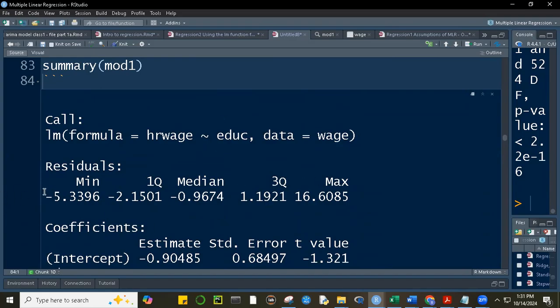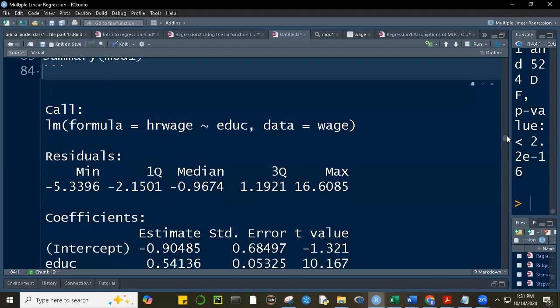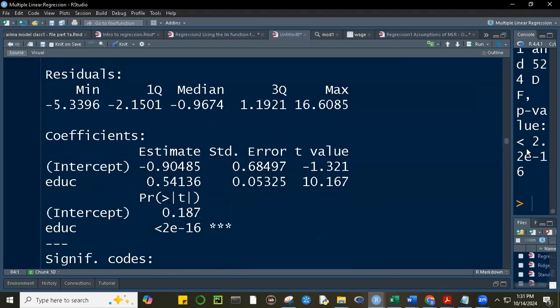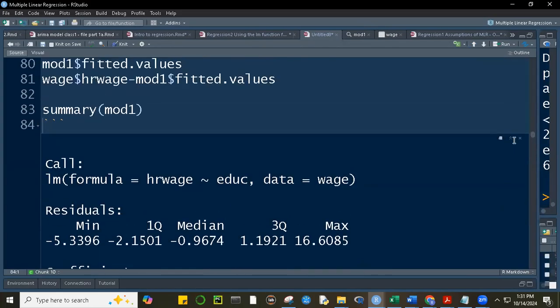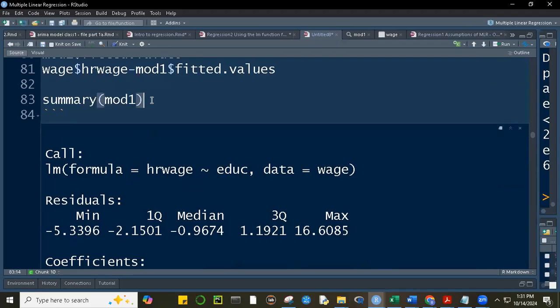Residuals, class, this is the descriptive statistics for your residual. Minimum residual, first quartile, second quartile, third quartile, and maximum. May malaking residual, 16.6. Okay, coefficients, take a look at this, class. Let me run this again. Control enter.